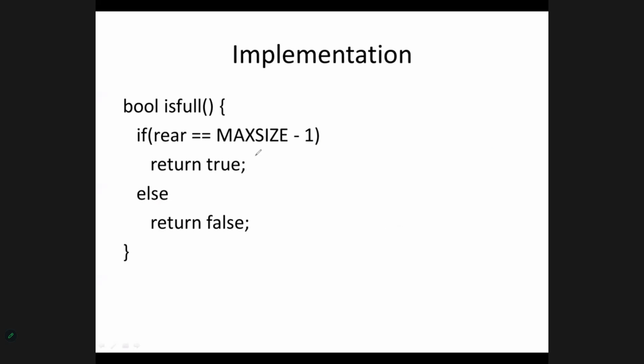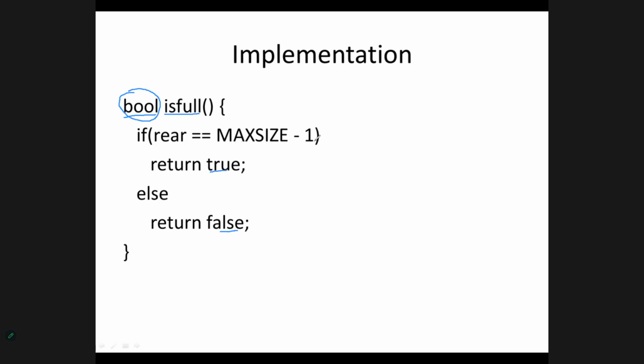Okay, so this is the procedure to check. Actually, this is the C implementation of is full, right? It will produce a Boolean output, so the output of the is full function is a Boolean value, true or false.